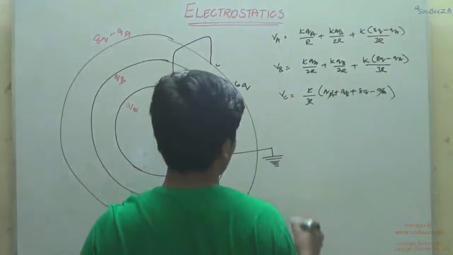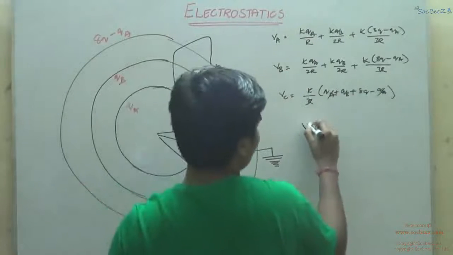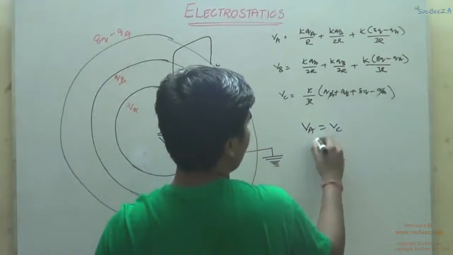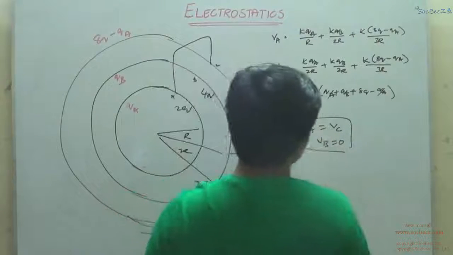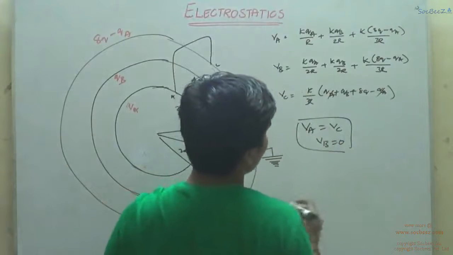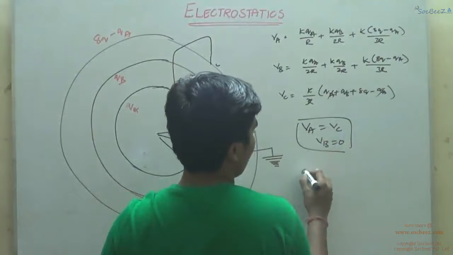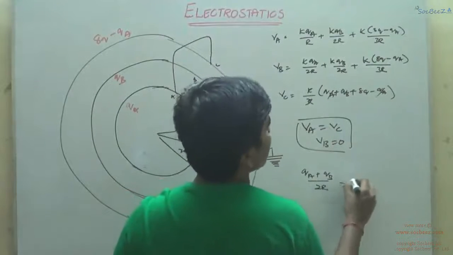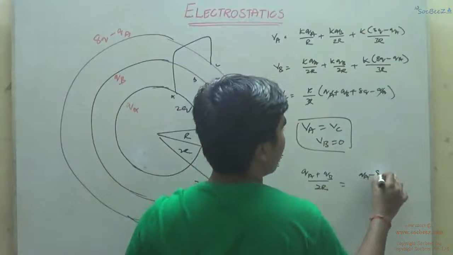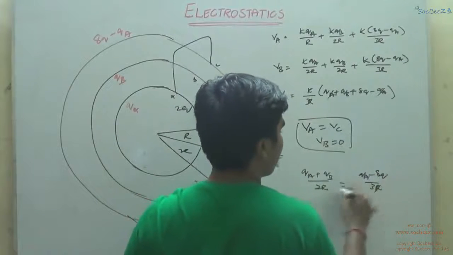Right? So now what are the equations we know? We know that VA is equal to VC and VB is equal to 0. So firstly, substituting VB equal to 0, what do we get? We get QA plus QB by 2R is equal to QA minus 8Q by 3R.